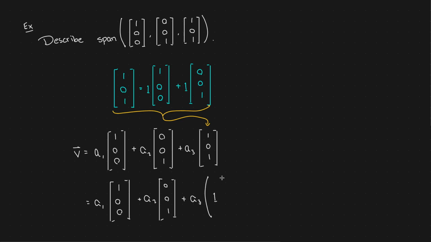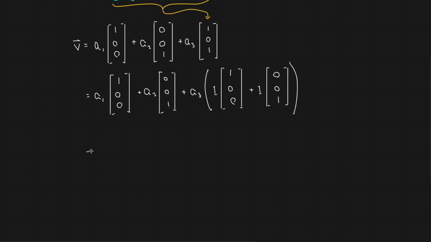So I get 1 times 1, 0, 0 plus 1 times 0, 0, 1. And if I combine like vectors, I have a1 plus a3 times 1, so that's a3 of the same vector.